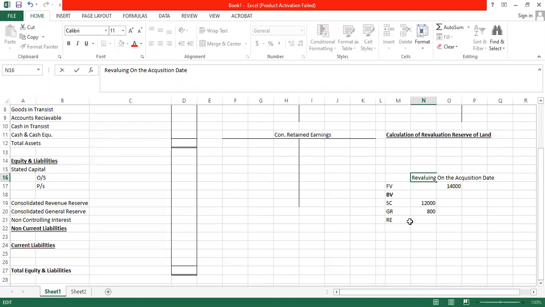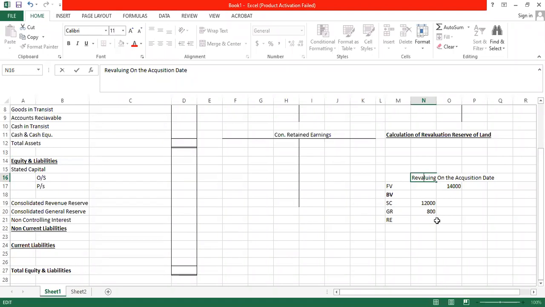Definitely the revenue reserve or the retained earnings can be different, because now it's 1 year after they acquired, and some other profits accumulate into their retained earnings. So the balance given is not actually equal to the acquisition date balance.